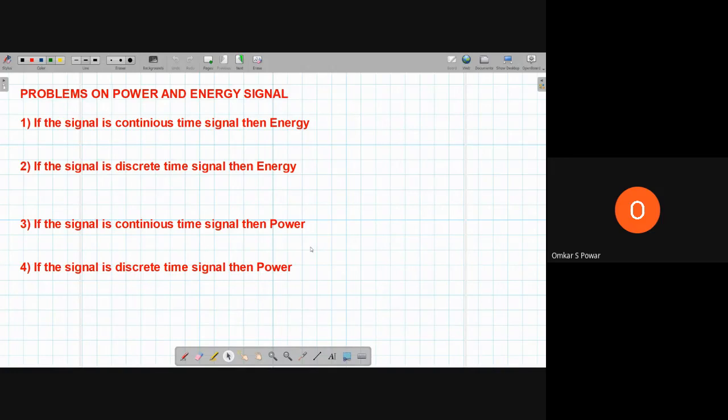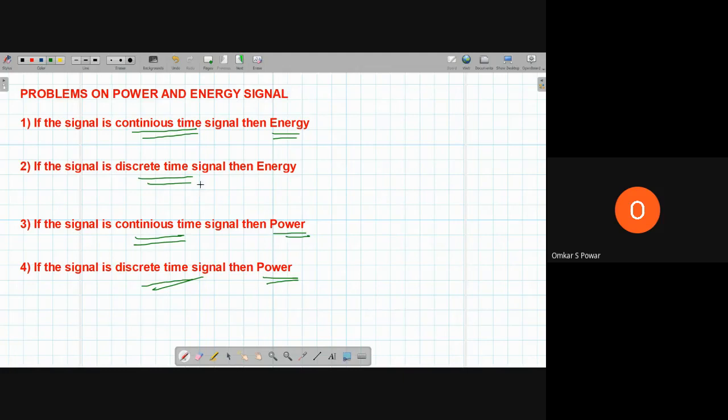Now, what's the formula for finding energy for a continuous time signal and a discrete time signal, and power for a continuous time signal and a discrete time signal?